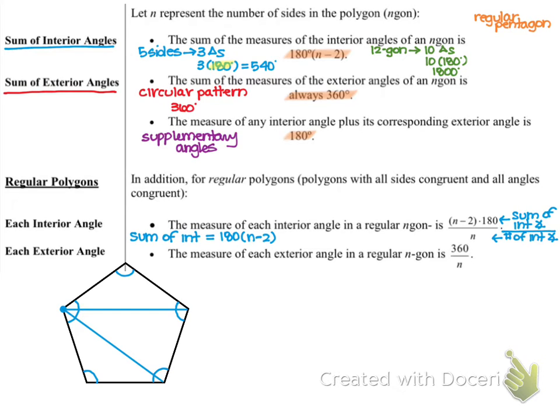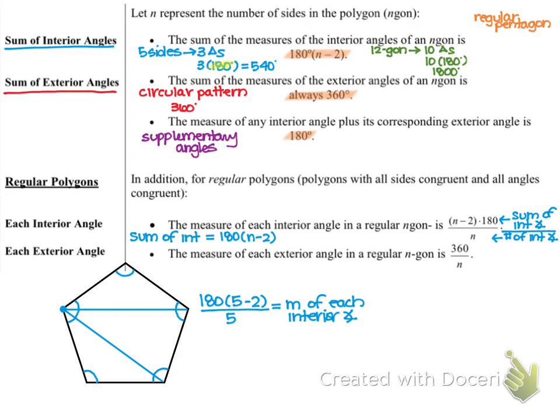So in this case, I would take my 180 times 3, which we already decided, and then I'm going to split that evenly to every single corner. That would be 5. So this is the measure of each interior angle in this case.